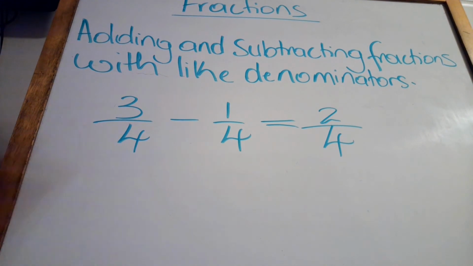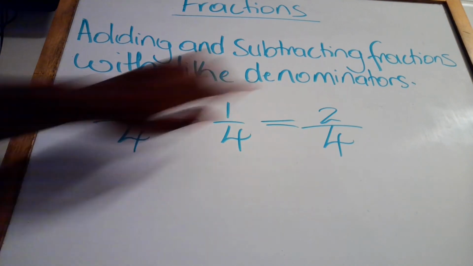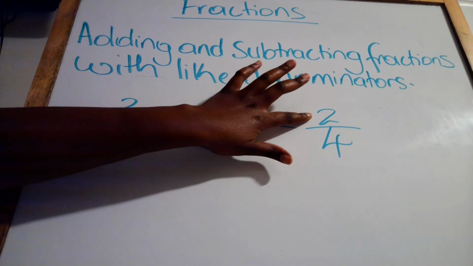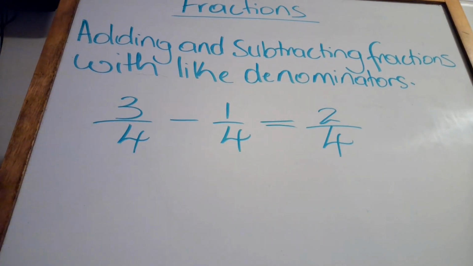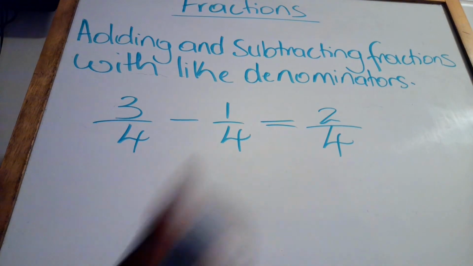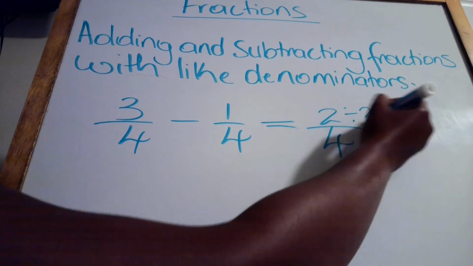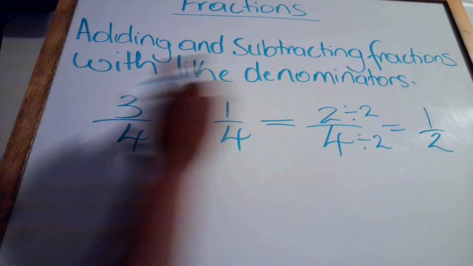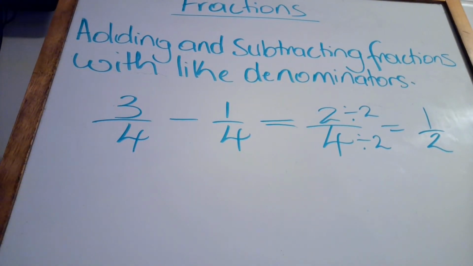Whenever you have a result, if the fraction can be simplified, you must simplify the fraction. In this case, we can find a number to go into 2 as well as 4 without leaving a remainder, which is 2. So we divide by 2, divide by 2, and we end up with 1/2. So 3/4 take 1/4 will give us 1/2.